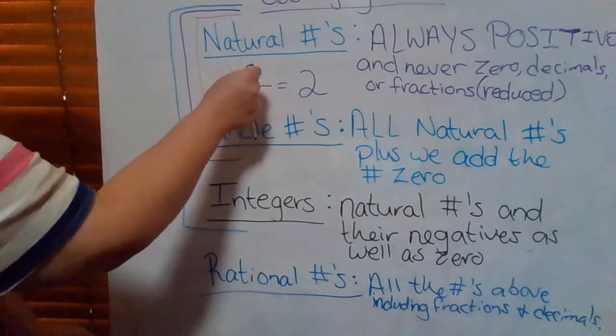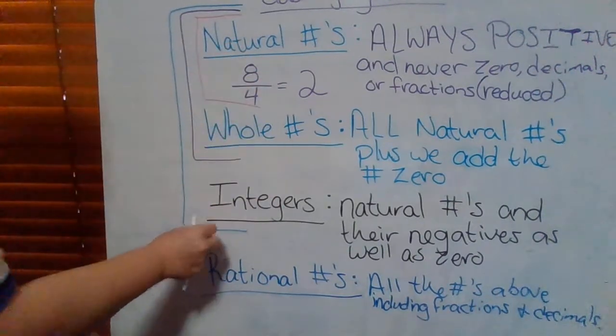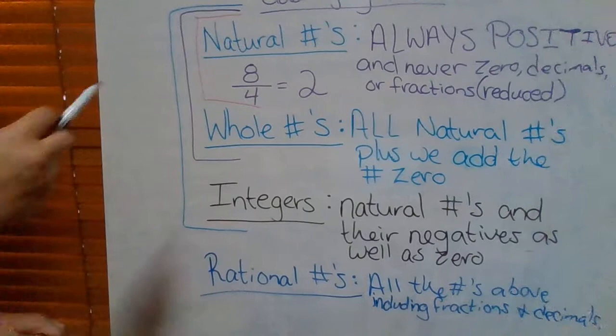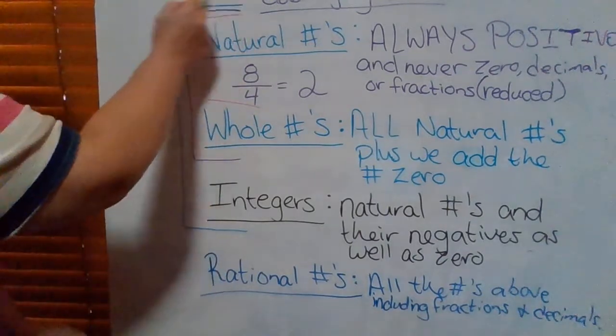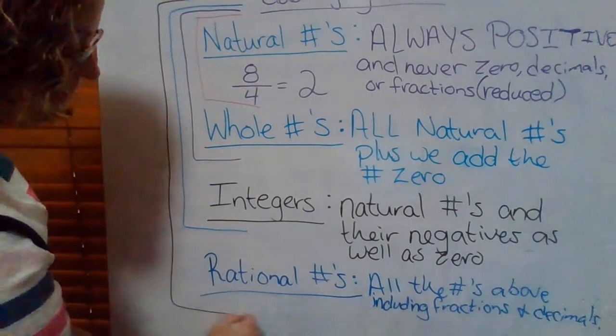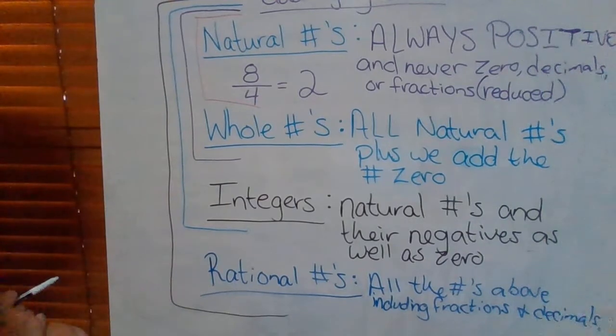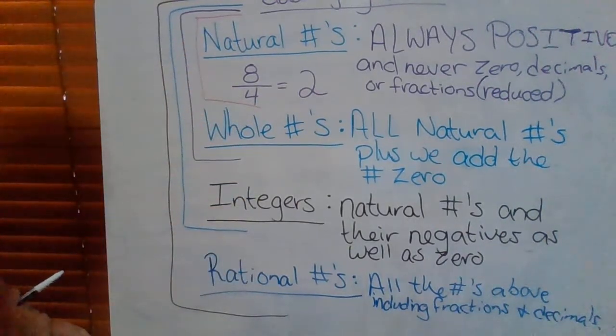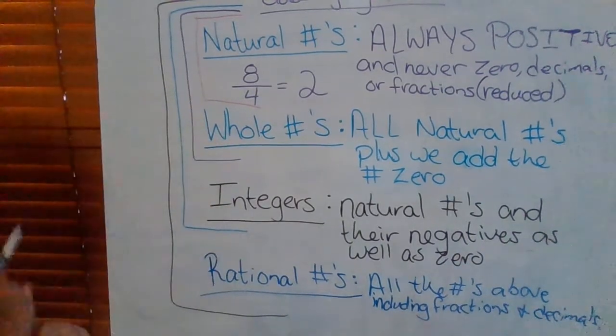We can't move in, but we can move out. And then from there, we have our rational numbers, which holds everything all together. Okay? So if it's one of these, then it will always be a rational number. So when you're classifying numbers, every number I give you, it's going to be a rational number. But then you got to decide if it's any of the other ones.